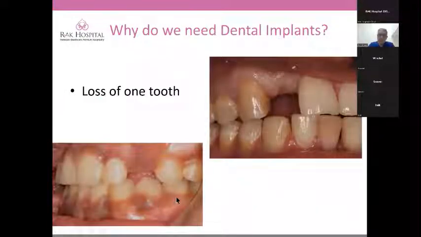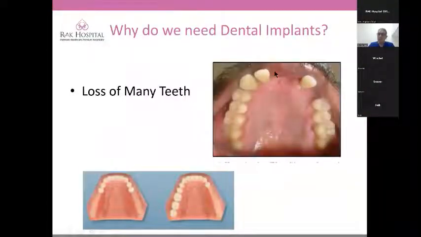So you can see in these pictures, it starts from one tooth which is lost. The front teeth are very critical, and most people are anxious to get a lost tooth replaced at the earliest. But back teeth are equally important, though they are not seen, because they are the foundation for our chewing capability. So from one tooth missing to many teeth missing, we have techniques to replace so many teeth.